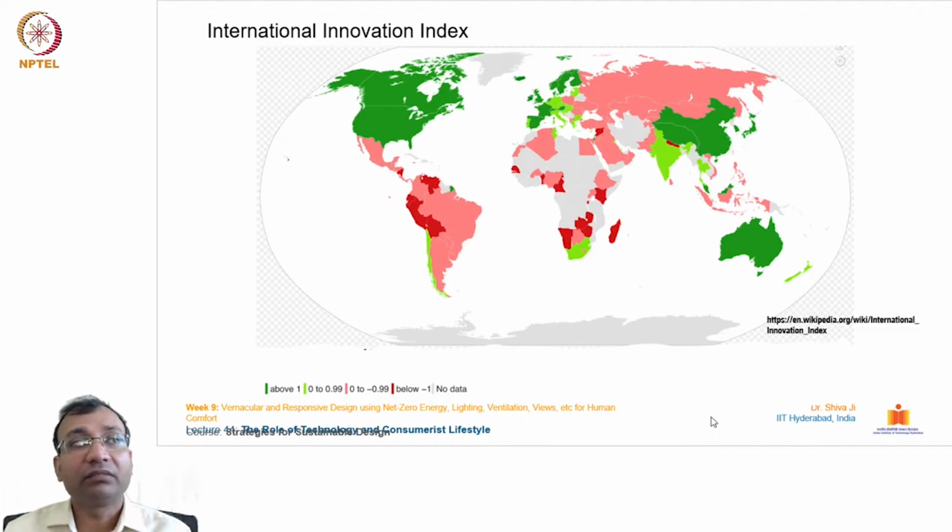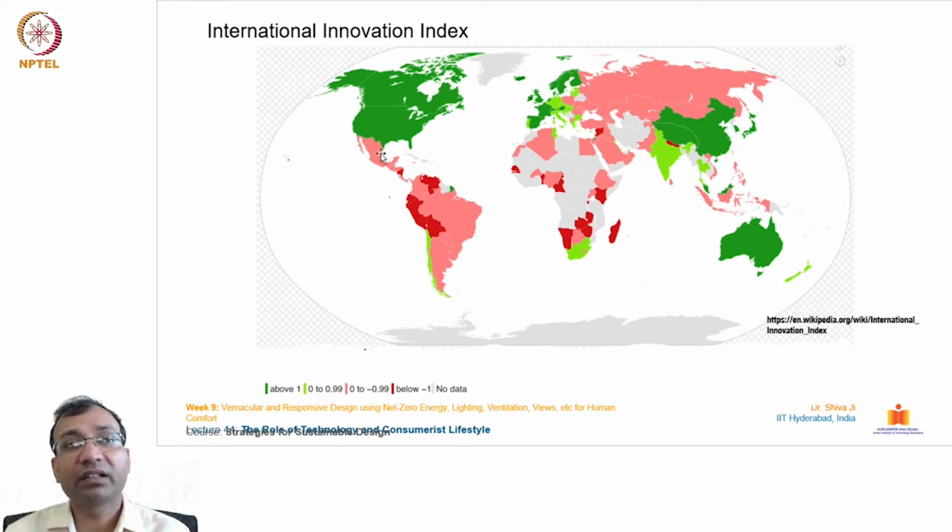Now, comparing the international innovation index, this is the data over here from 0 to 1. The dark green is above 1, then this range is 0 to 0.99, then 0 to minus 0.99, and below -1, and no data.